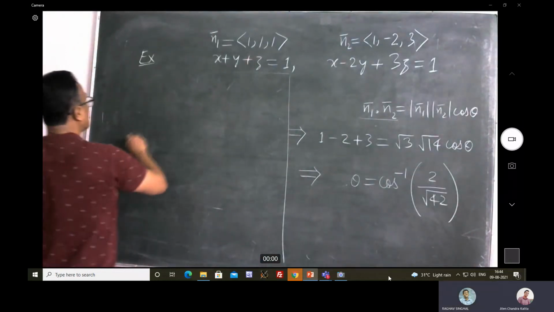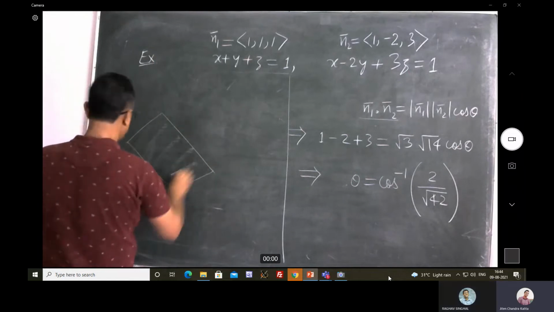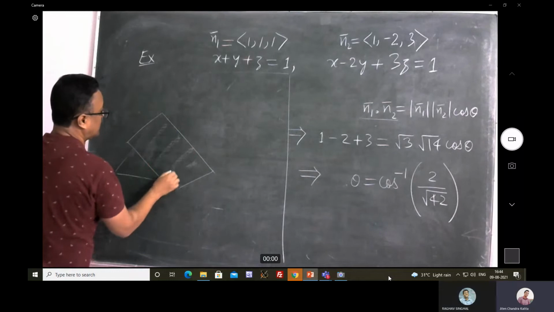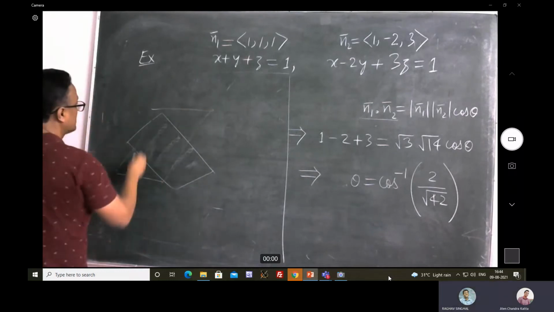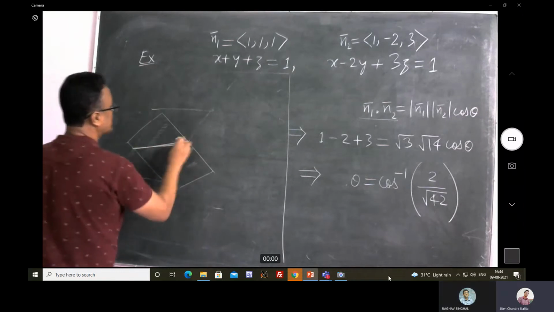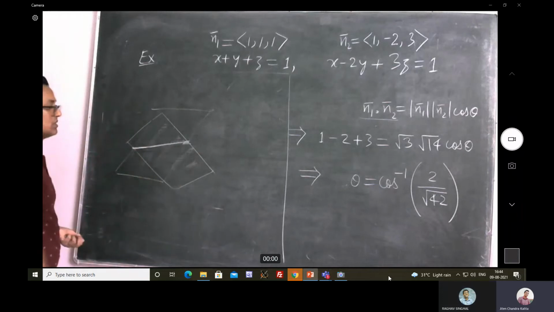It is something like this. Suppose I have this plane, and suppose I have another plane like this. Then they are going to intersect in a line. My job is to find the equation of this straight line.